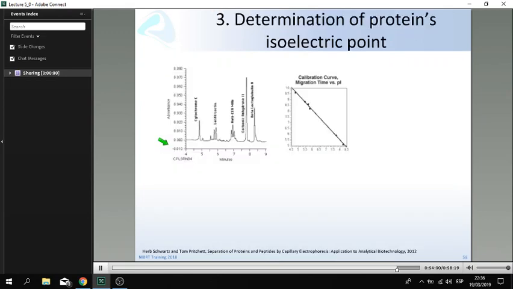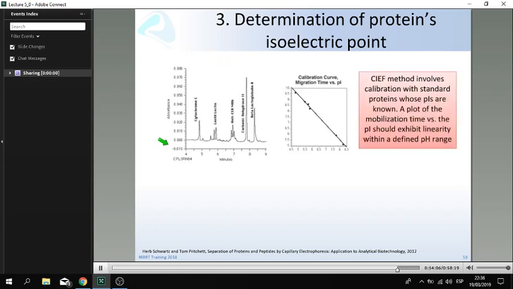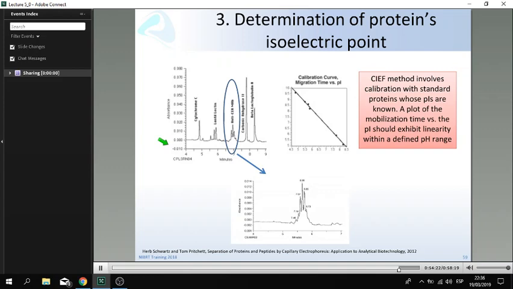Okay, so determination of protein isoelectric point. Again, you can inject something of known pI and make a calibration curve. You use standards with proteins of known pIs and plot mobilization time versus pI within a defined pH range, and then you can determine the pI of your protein.